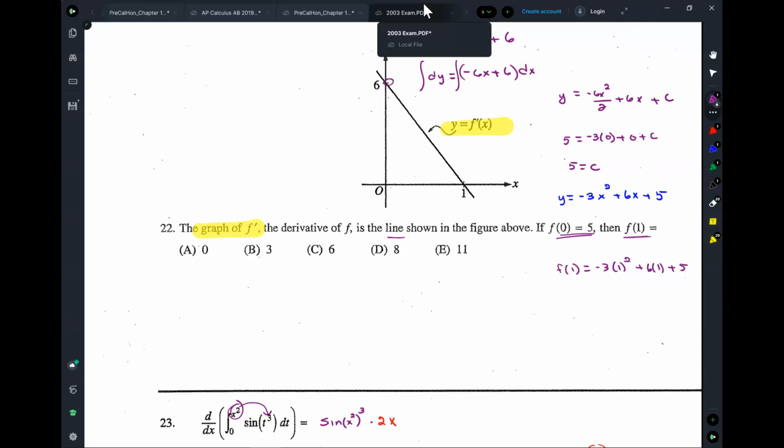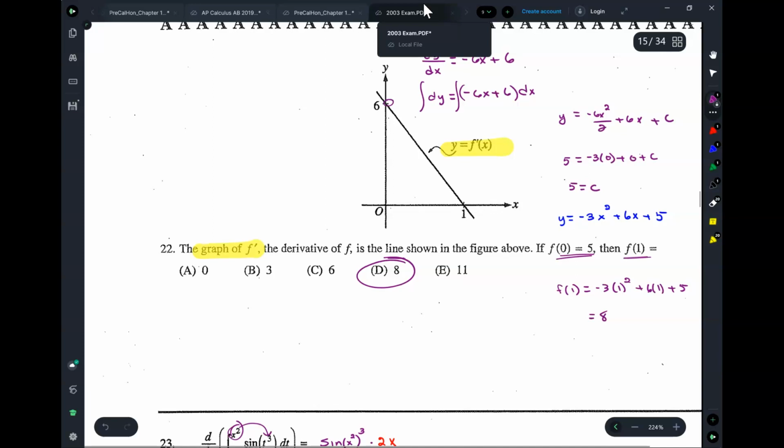And that's, what is that? 11 minus 3, 8. Yeah, that's right. You can do that, but I found this is easier for a lot of students, because it's more systematic. Okay? So the area will still work.